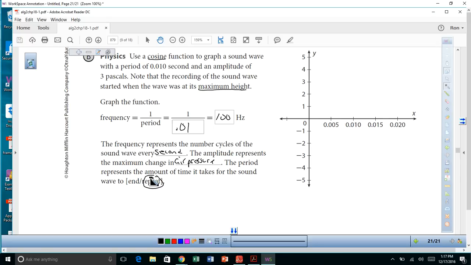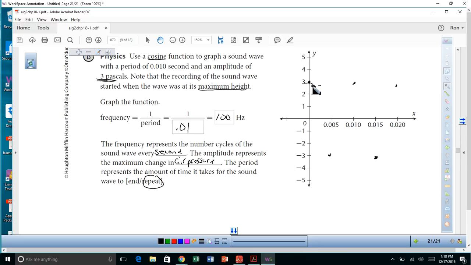Okay, so it was 3 pascals, right? That's the amplitude. So we got 3. It started out at its height. It has a period of 0.01, so it's going to be back up here at 0.01, and again back up there at 0.02. And then halfway in between, at 0.015, and halfway between those two at 0.025. All right, so there we go.